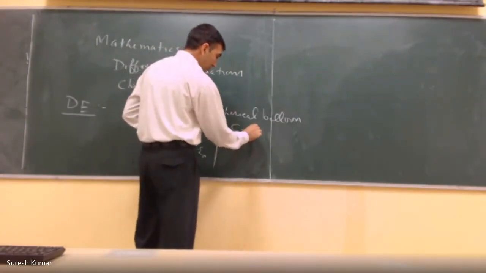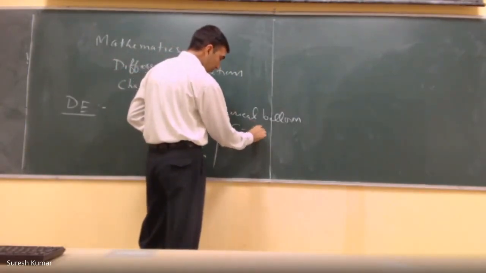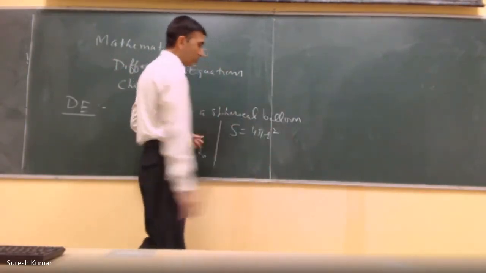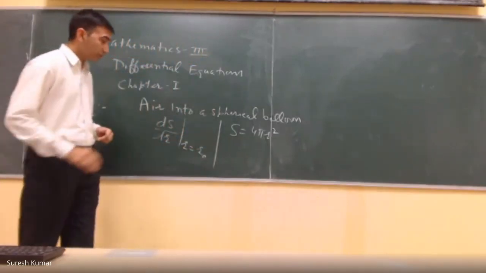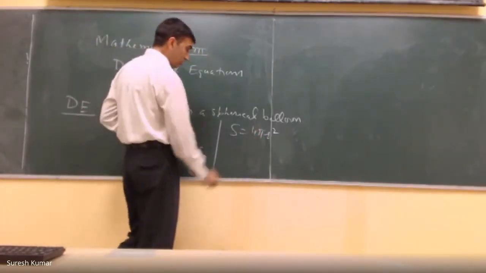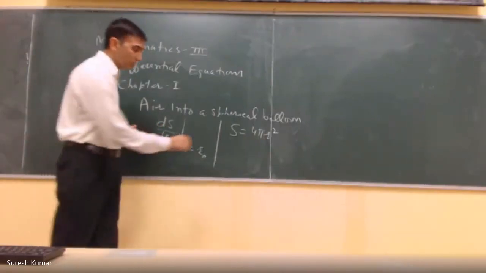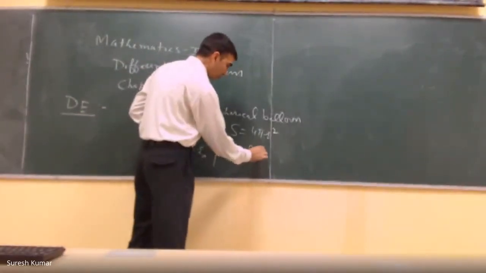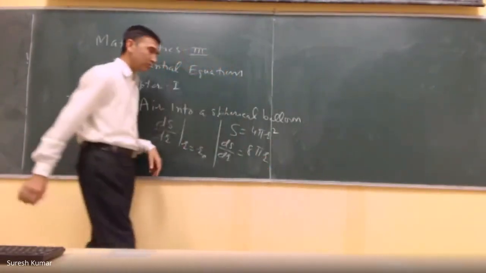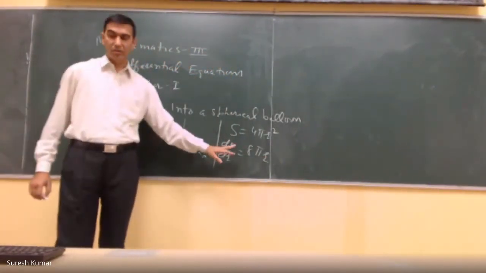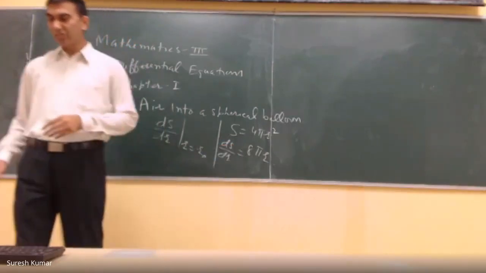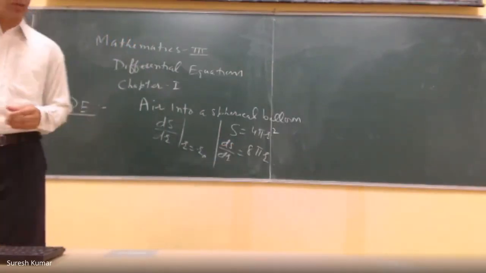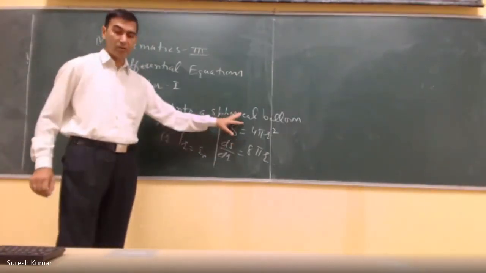So it is very simple to calculate. You know surface area is connected with the radius via this relation, S equal to 4 pi r square. So dS over dr is equal to 8 pi r. So this differential equation covers that physical process, filling air into a balloon.